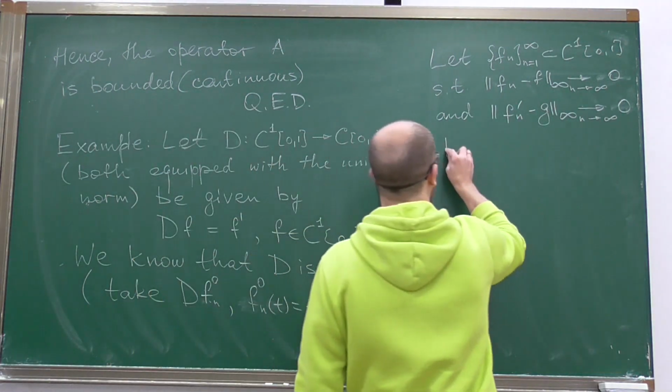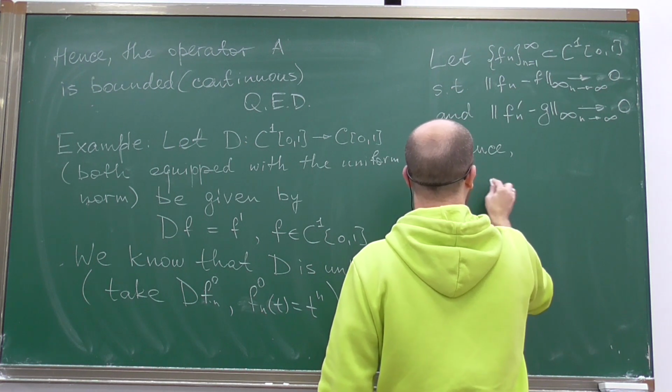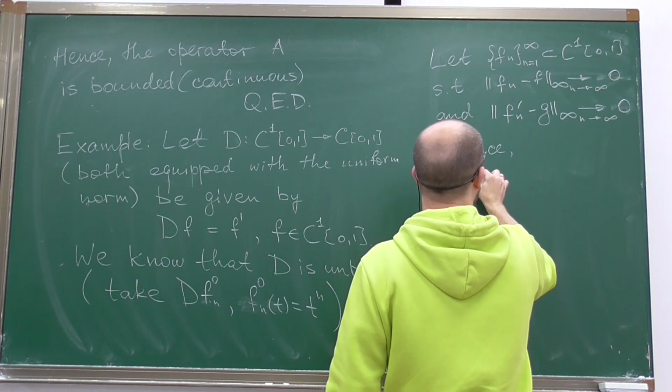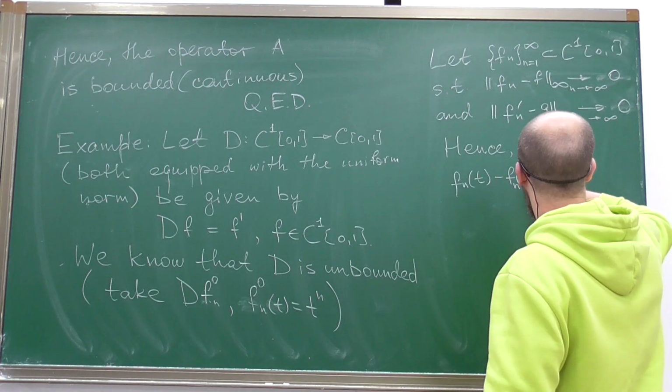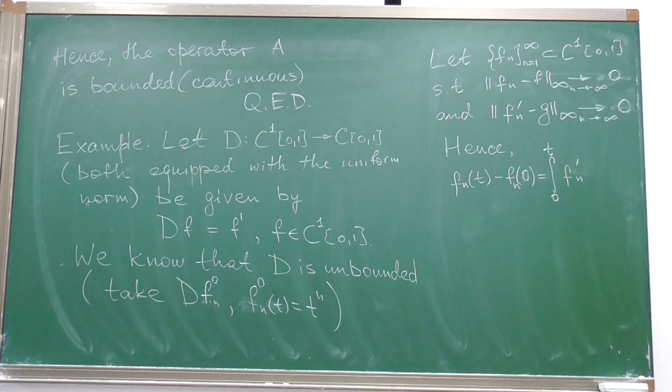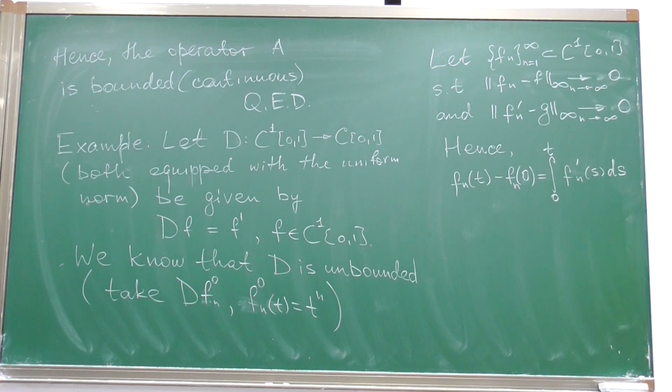Hence, f_n of t minus f_n of 0. This is what we have. I'm just using the fundamental theorem of calculus.